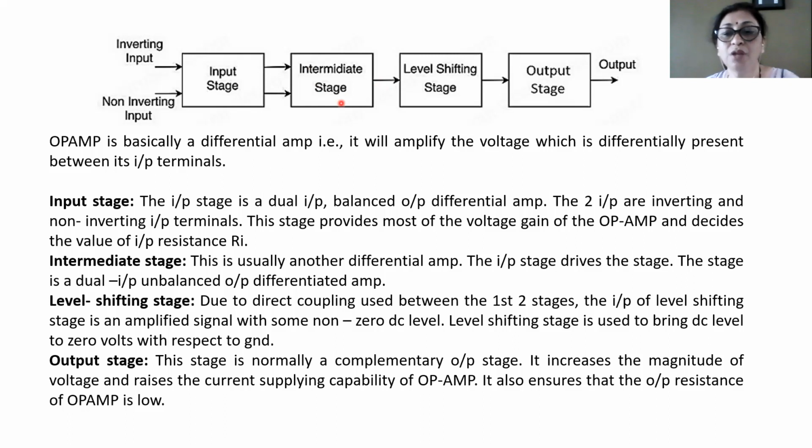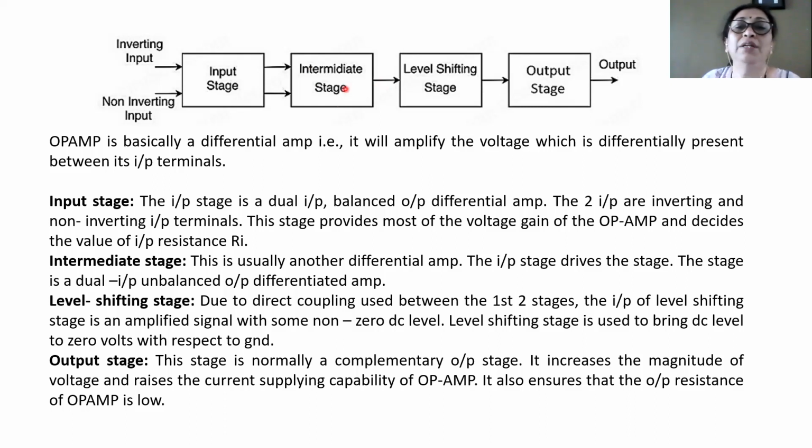So it is capable of driving the other stages of the operational amplifier. It is used for converting two inputs into a single output. This is one reason, and one more reason is that it again contributes to the voltage gain.